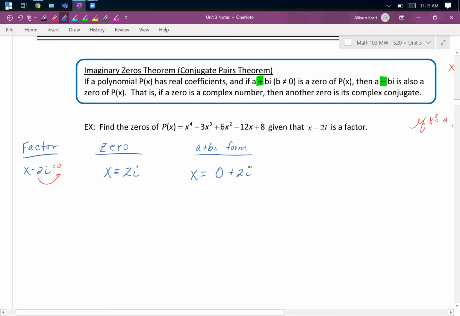So the a plus bi form of our 0 is 0 plus 2i. Now we can use our theorem to get a second 0. Here's our a plus bi. So by our theorem, a minus bi is also a 0.